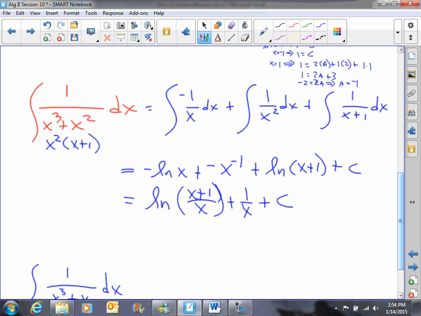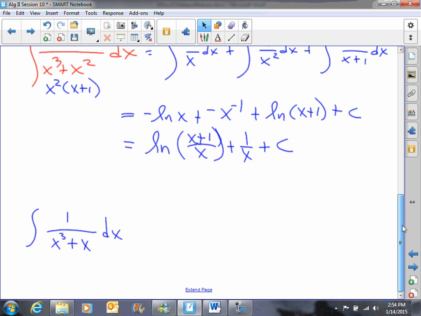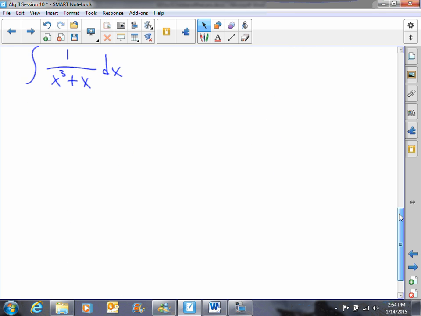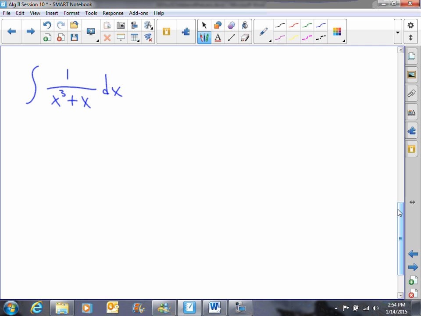All right, now an example where we have a nonlinear denominator or nonlinear factor. Let's try the integral of 1 over x cubed plus x. Now x cubed plus x is x times x squared plus 1.